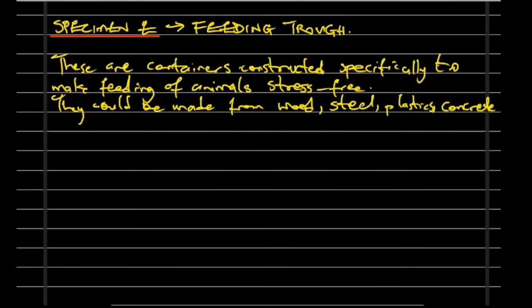Now, the essence of using this particular feeding trough is to make your environment clean. So that is an advantage of this particular specimen. These are the advantages we are listing now. It keeps the passage clean and clear at all times.